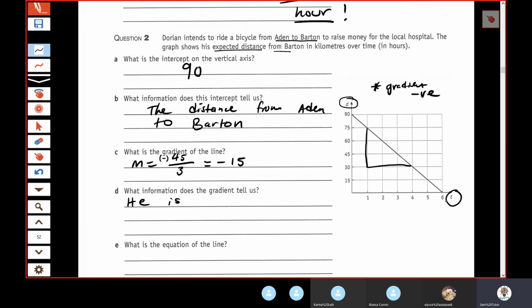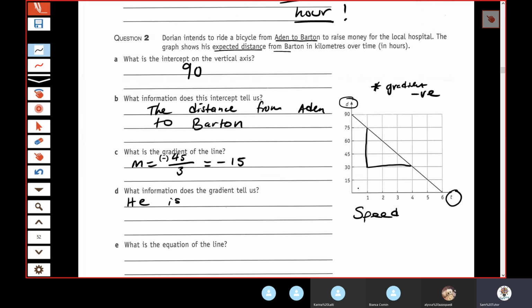T, time. S... Each hour, 15 kilometers each hour. Girls, can anybody else help her out? Dahlia? Distance, time. Speed. S. Yep, that's the one. Speed.